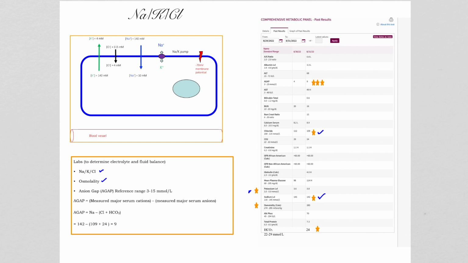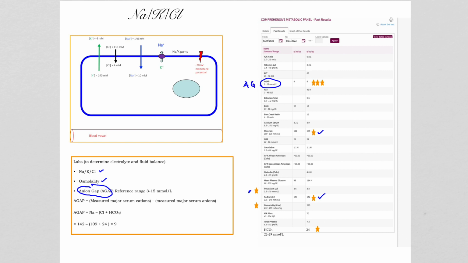Osmolality is related to sodium. We talked about this previously. And then there's a new test here that we haven't talked about, and this is the test that we call anion gap, AG, or sometimes AGAP.